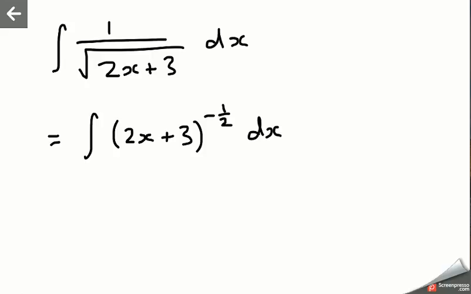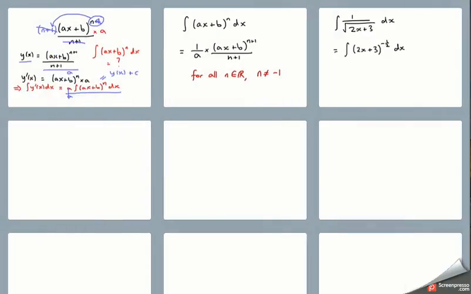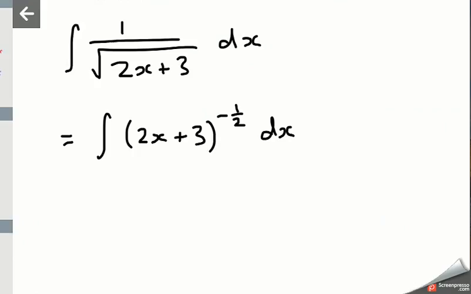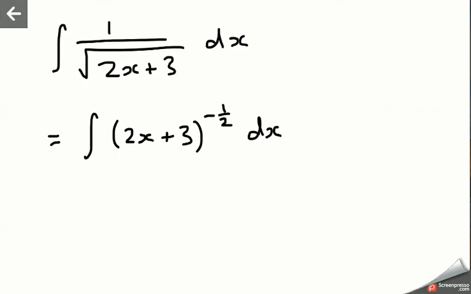And now we're in a position to just use our reverse chain rule. So I had 2x + 3 in here, so I'm going to be dividing by 2. And all I've got to do is add 1 to the power and divide by the new power. So what do I end up with? Well, I better divide by 2, so 1 divided by 2 times (2x + 3).